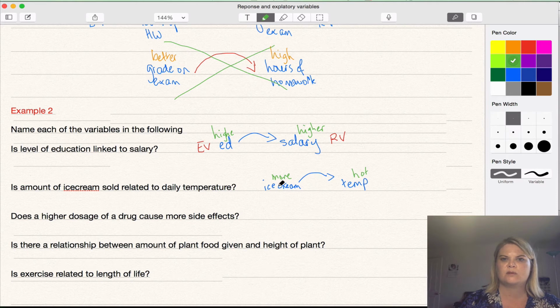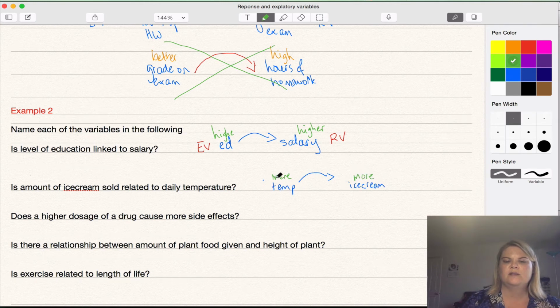More ice cream sold is caused by, more ice cream causes hot days? No, hot days causes more ice cream to be sold. So I think it's around the other way. Okay, I flip them around. Higher temperature causes more ice cream to be sold. That makes more sense. Explanatory variable, response variable.